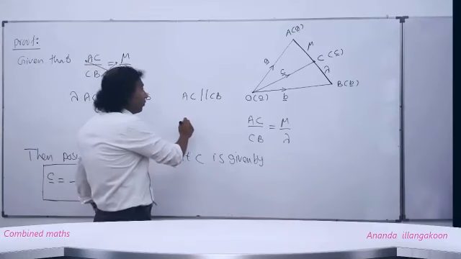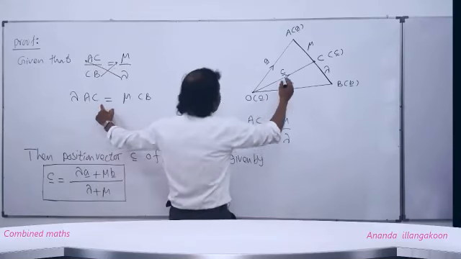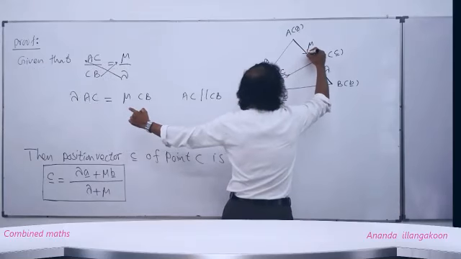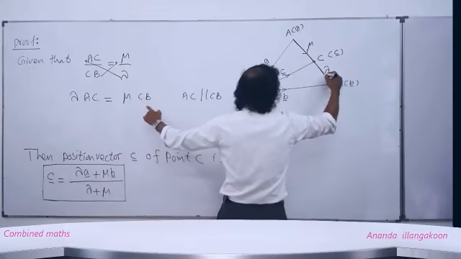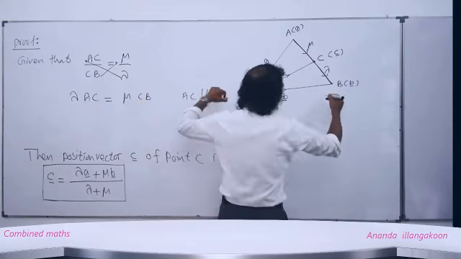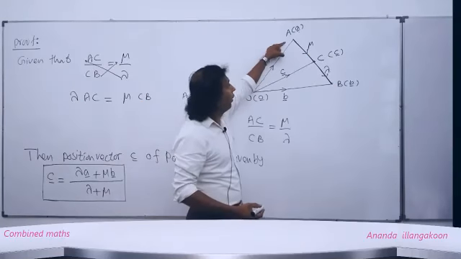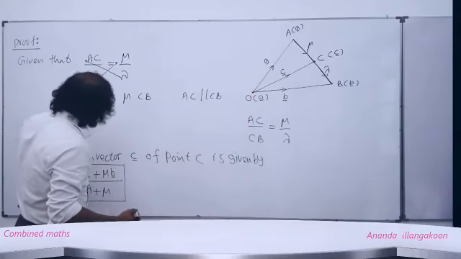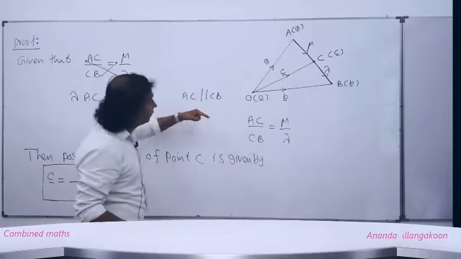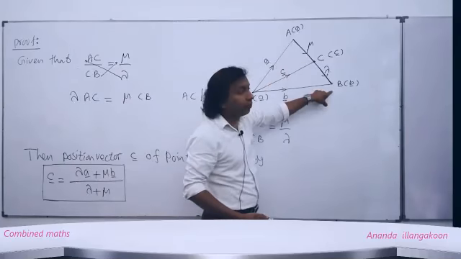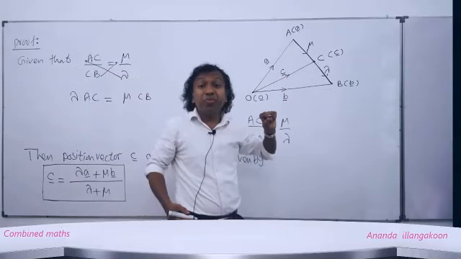Third one, A to C, when you move here, this arrow we have to put, C to B, the arrowhead, C to B. You can see when you move A to C and C to B, it is the same direction.